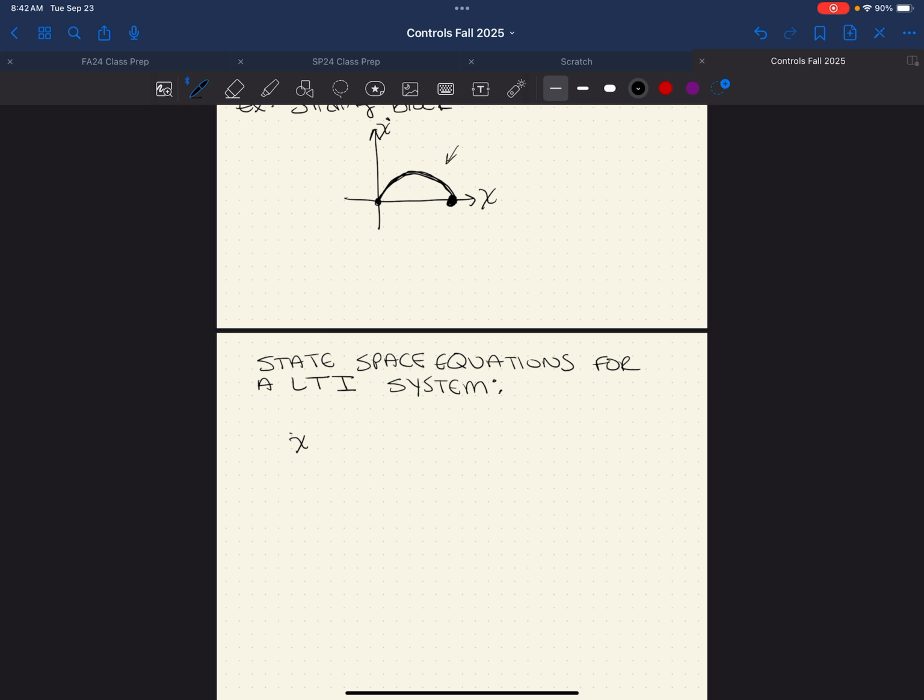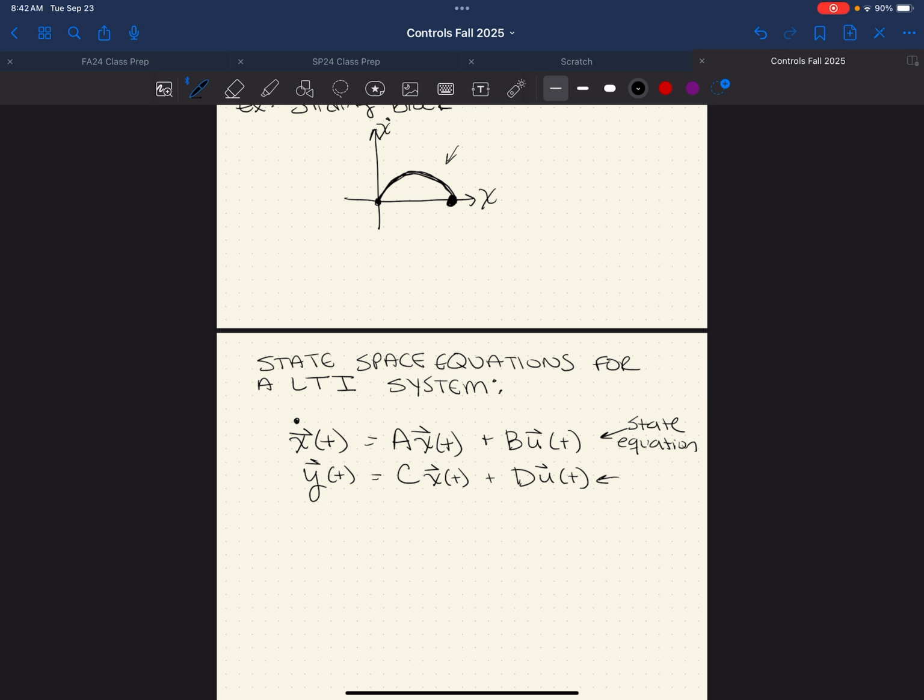Now, if you take away one thing from this class, I want it to be the state space form. We call this first equation the state equation.